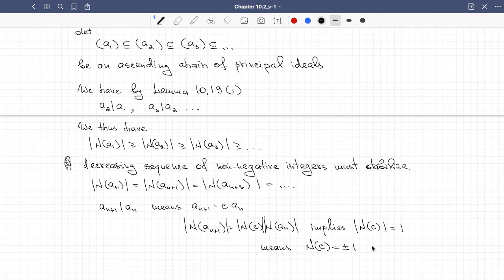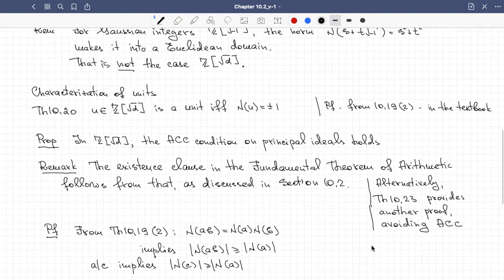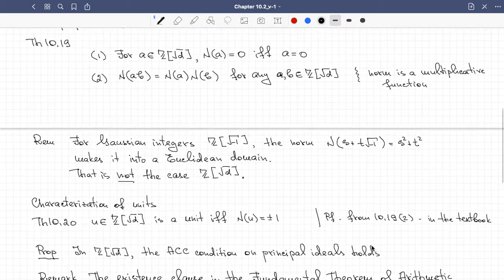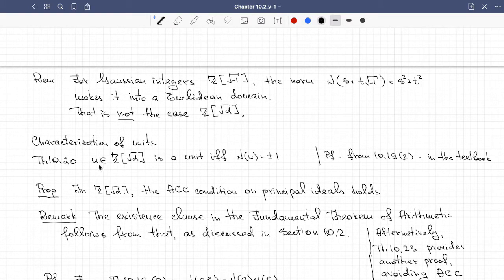That means, according to the just quoted theorem, let us look here. Where is the theorem we've just quoted? 10.20: the element is a unit if and only if its norm is plus or minus 1.